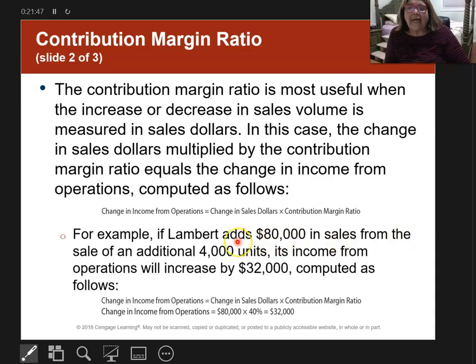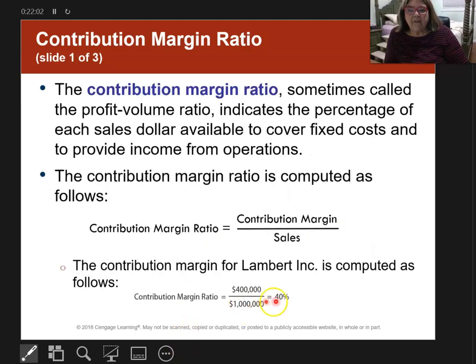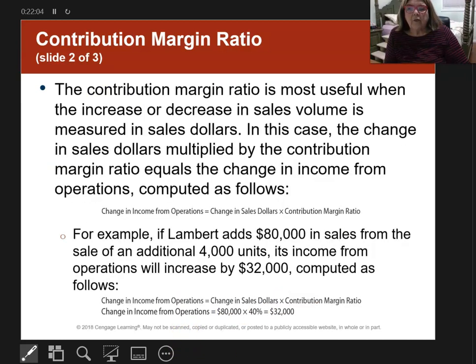So here's another little formula that the CM ratio will help you with: change in income from operations is the change in my sales dollars times my contribution margin ratio. We know that's 40%. So if I want to add 80,000 in sales, because I'm going to sell an additional 4,000 units, my income from operations is going to increase by 32,000.